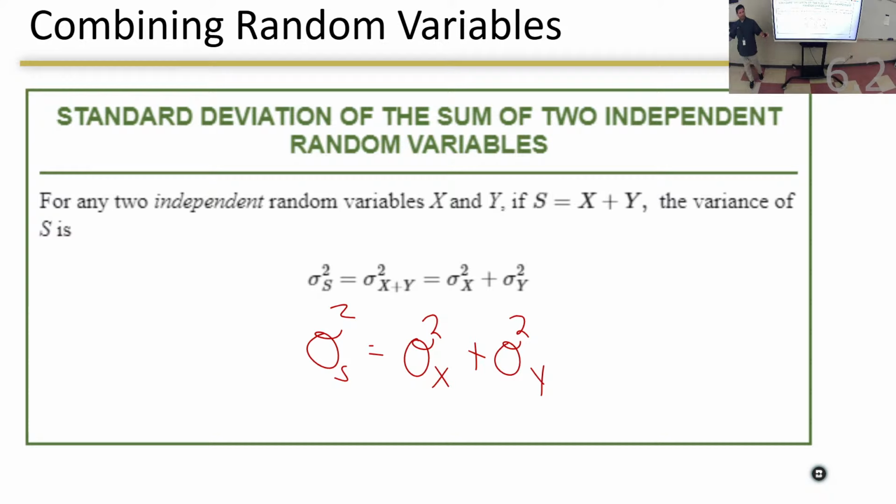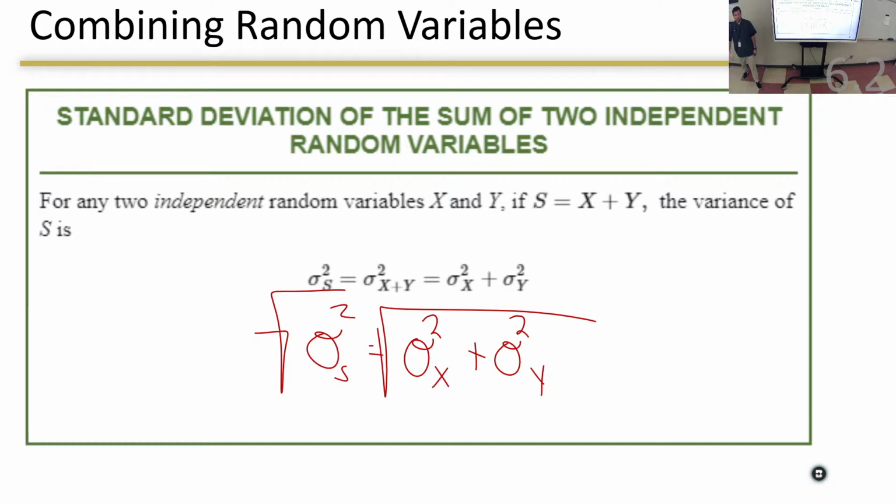Why? Because that's what I'm telling you to do, because you want the right answer. But what if I don't? Then you will get the wrong answer. I don't know why. That's just the way you have to do it. Somebody a whole lot smarter than me said this is what you have to do. And then of course we typically don't want the variance. We typically want the standard deviation, so we square root both sides.